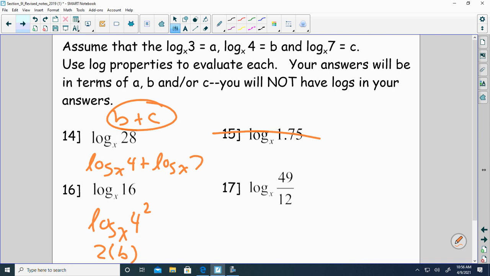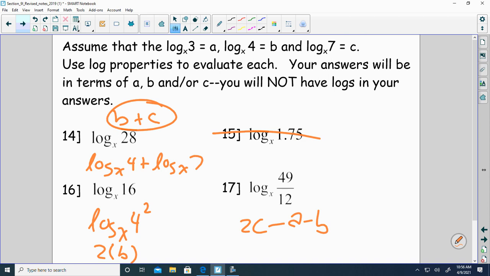Yes, I put it in parentheses. And then do the same thing with the 49. 49 is 7 squared. The 2 comes down front. Break up the 12. So I think this is going to give you 2c minus a minus b. I think that's what it's going to do.